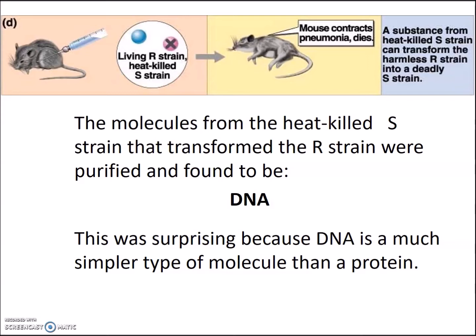Scientists and other people figured, hey, the traits that get passed on from parents to offspring are awfully complex. So wouldn't it stand to reason that a complex molecule like a protein would be responsible for it?